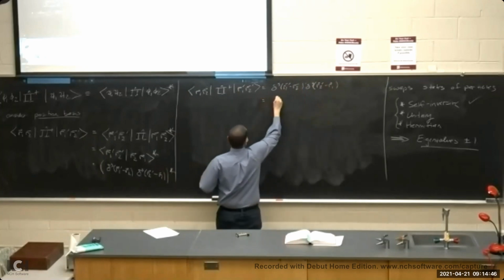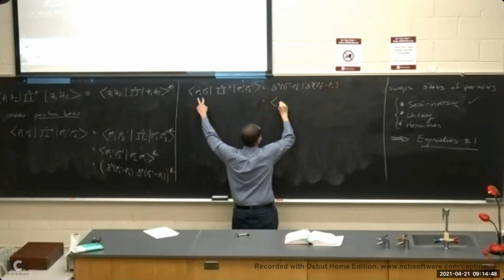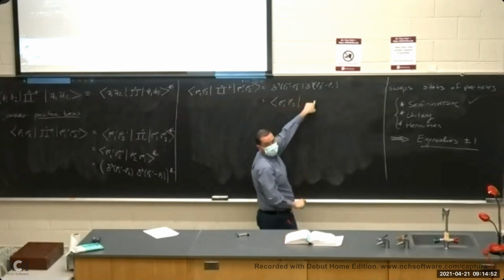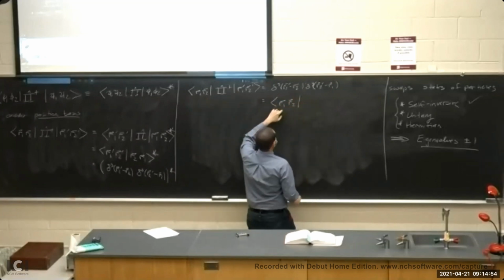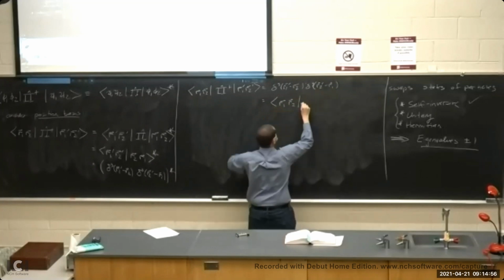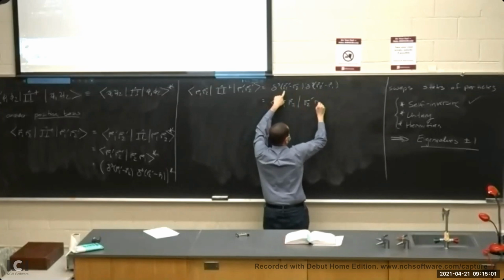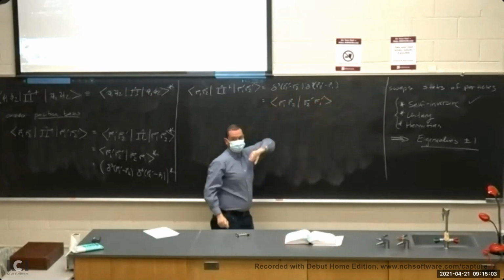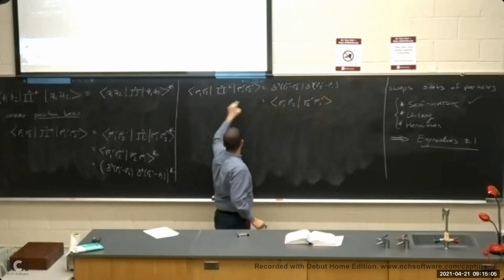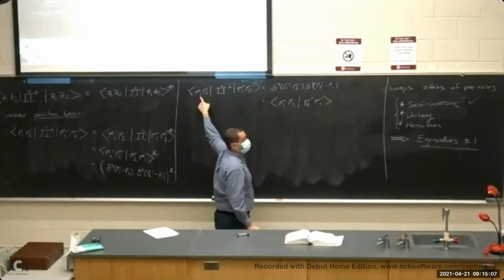So I'm going to read this off as R1 on the left, R2 on the left, and what are they overlapping with to give me this combination of delta functions? R1 lines up with R2', R2 lines up with R1'. So this is equivalent to this overlap. I set it up so that the left-hand side, the bra, looks the same.